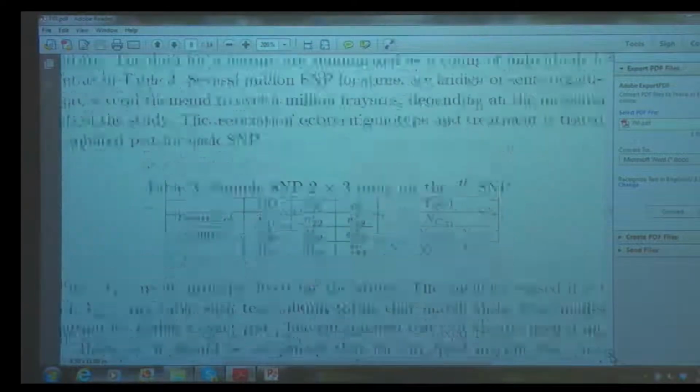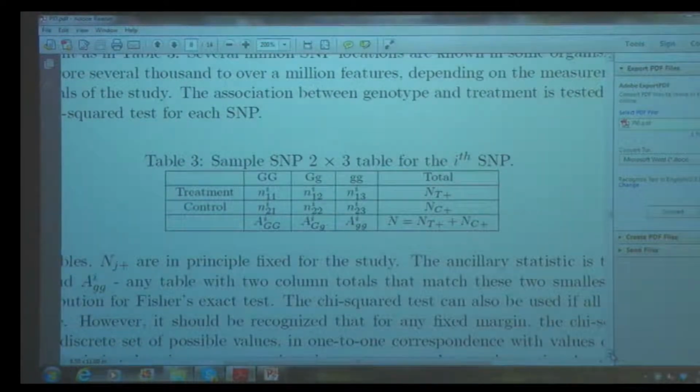And then the SNP table. SNP data usually comes as a 2x3 table, so at each SNP you have genotyped your sample, and you know whether it comes from the treatment or control. Now instead of reads, these counts are the number of samples that are in this category.